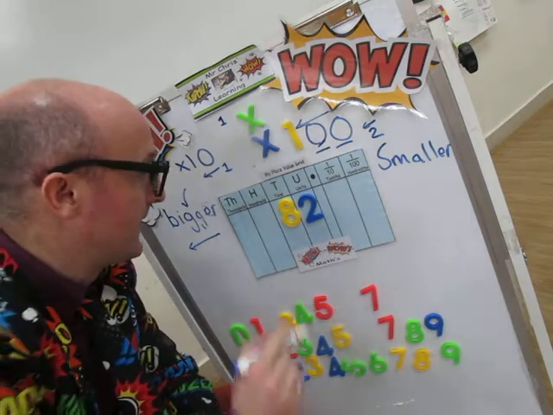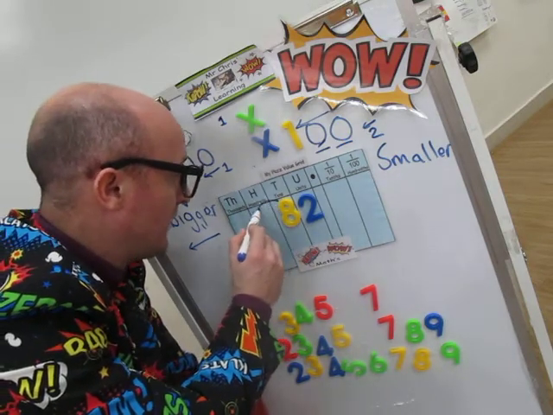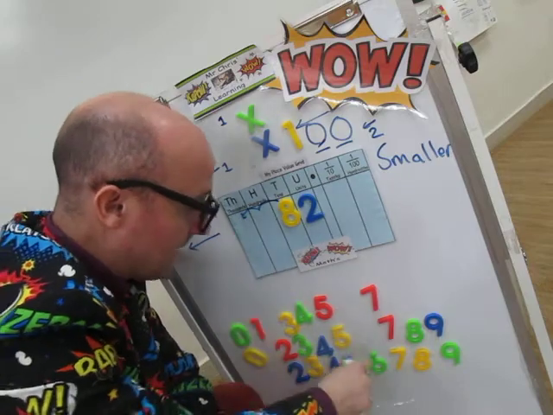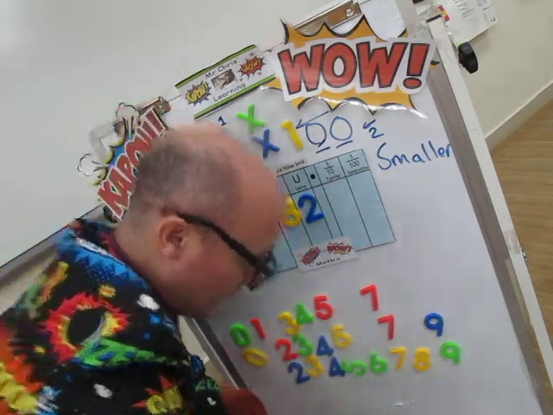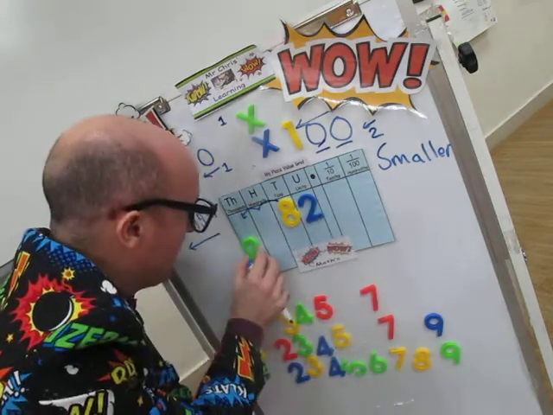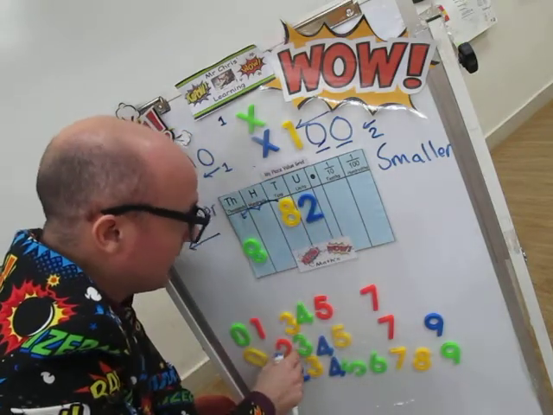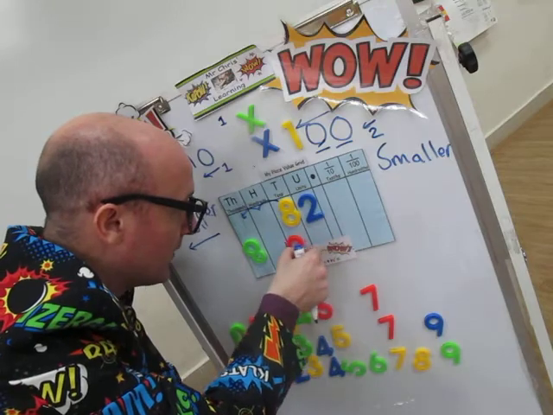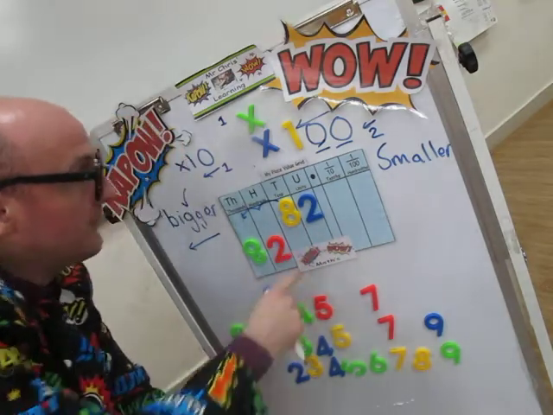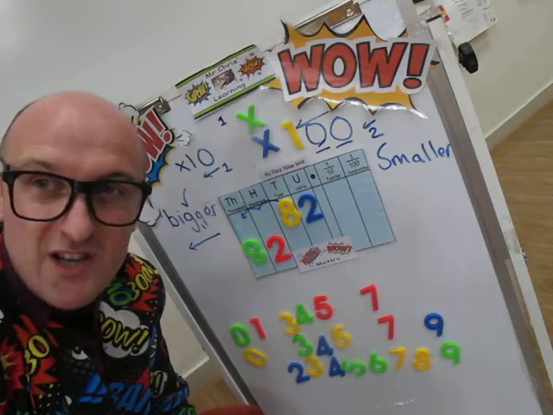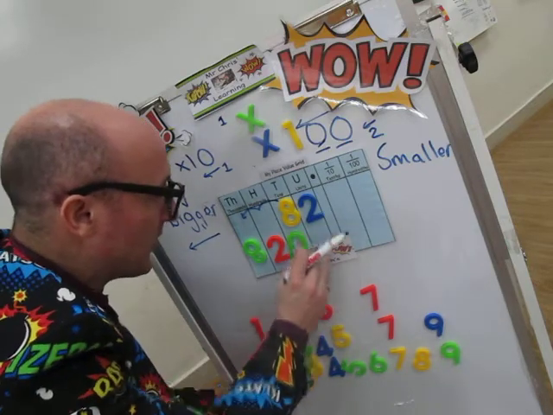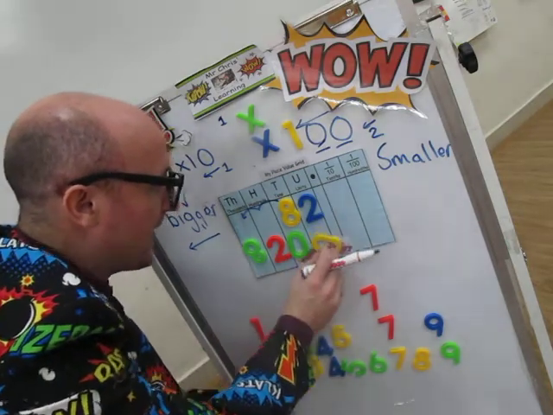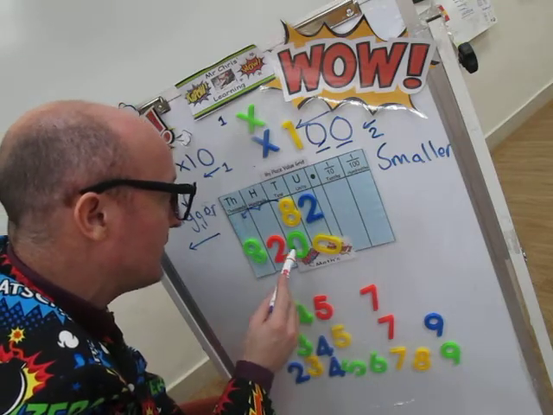Let's see. We're going to move 2 places, 1, 2, so the 8 goes boing, boing. Put the 8 there, then we'll put the 2, the next number, next to it, and then what do we put in here? Do we put cheese in there? No, we put our zeros. Well done. So then that is 8,200.